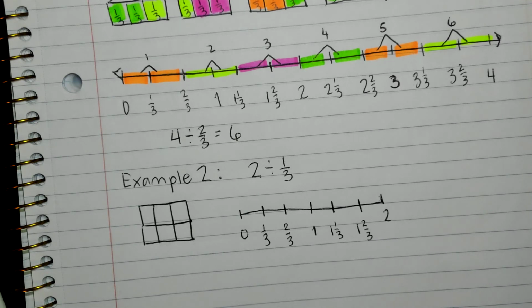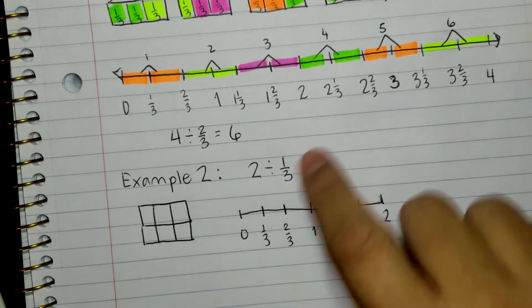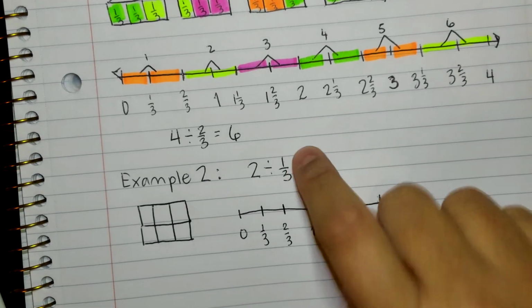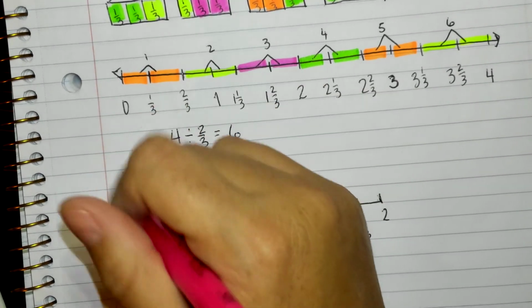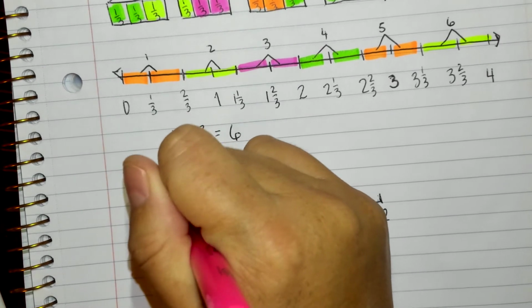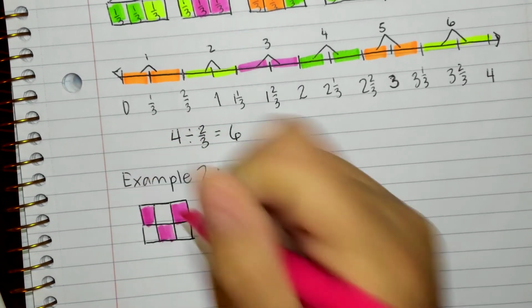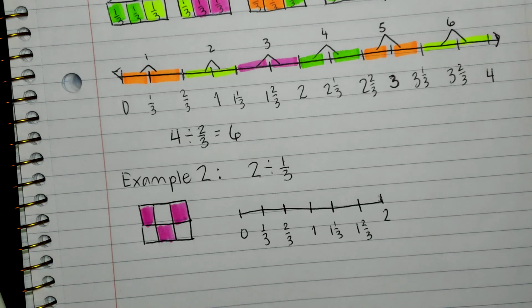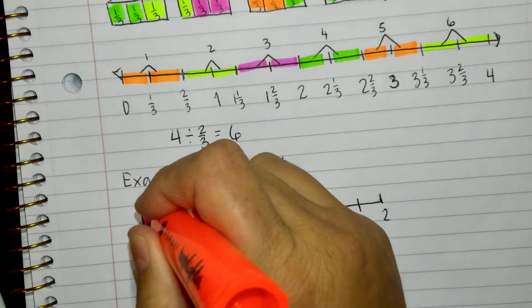And because we have less, I think I'm just going to use 2 colors. Or you can even shade if you don't have colors. You can shade every other. So remember, the numerator tells us how many in our group. So I'm coloring every other here just so I can see it.